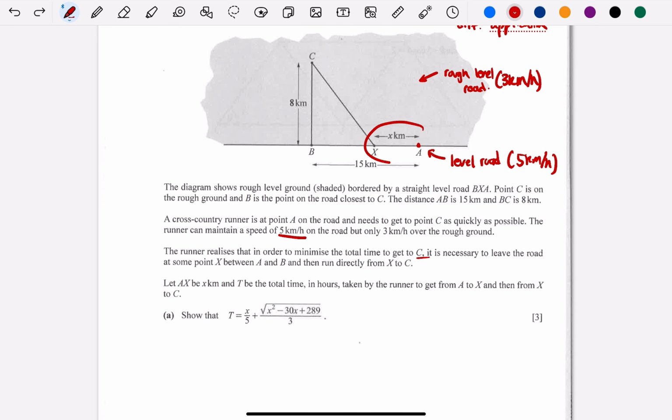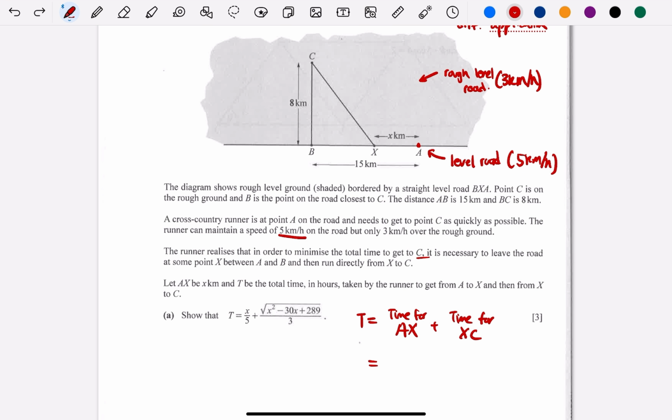Because on the road from A to X, the total time is the time for AX plus the time for XC. The time for AX is quite straightforward because we have a distance and a speed.